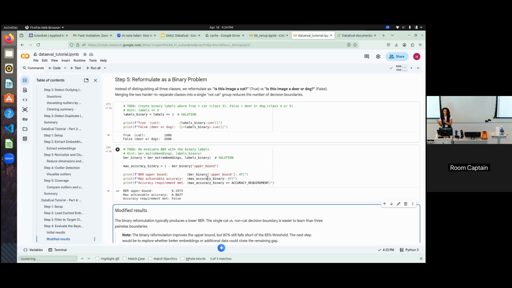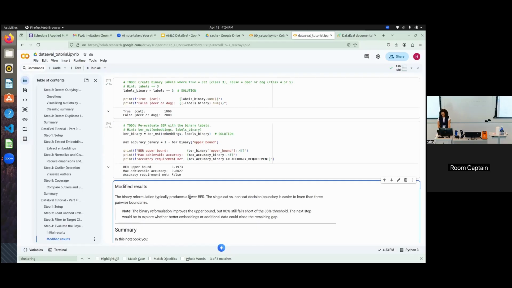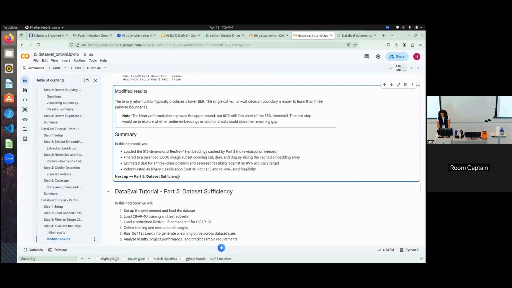So this could indicate that you might need to go back and think about your problem a little bit more, or the data that you're using or the model that you're using. But 80% is still, so combining the two classes still did increase that prediction a little bit.